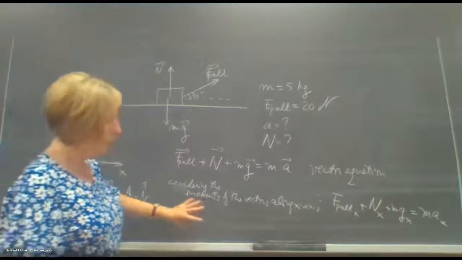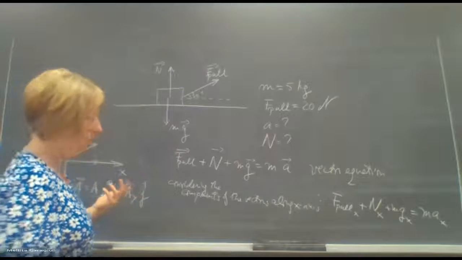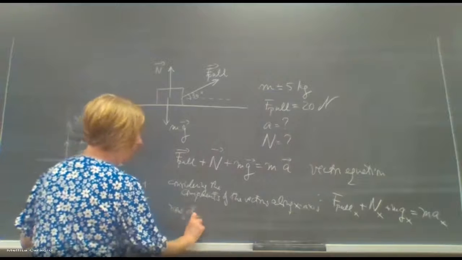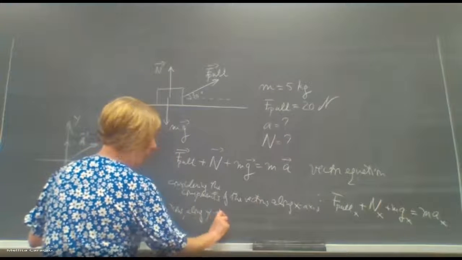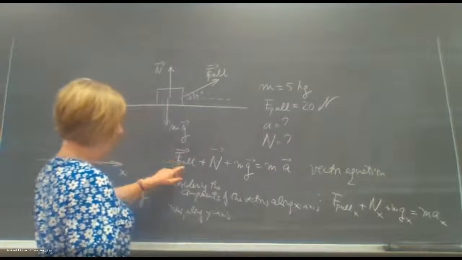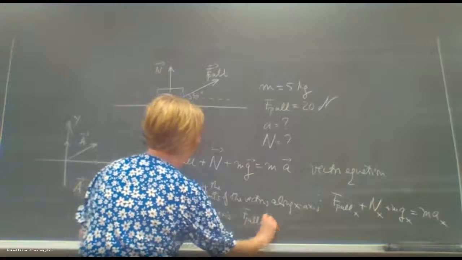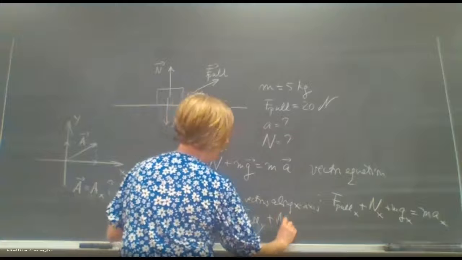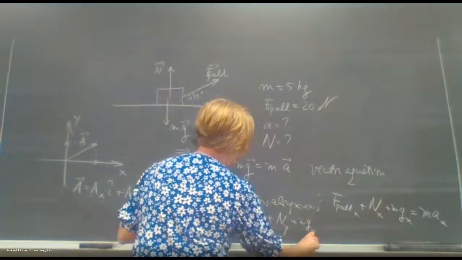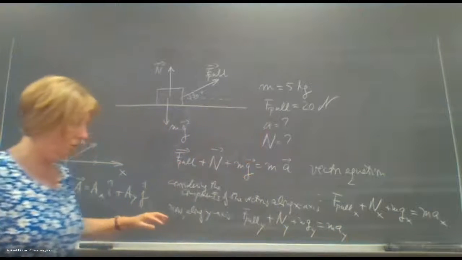And another equation comes from considering all the components of the vectors along y-axis, right? And along y-axis, the situation is: the component of the pulling force along y plus the component of the normal force along y plus the component of mg along y equals mass times acceleration along y.